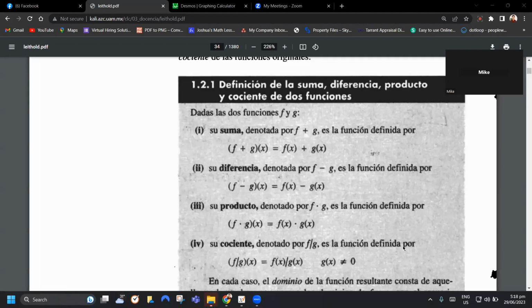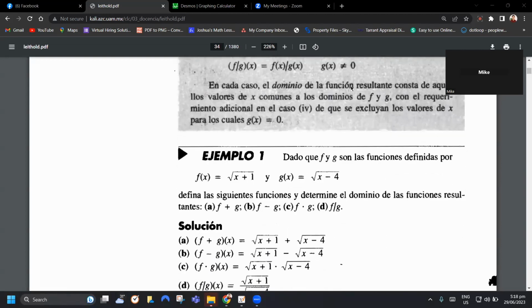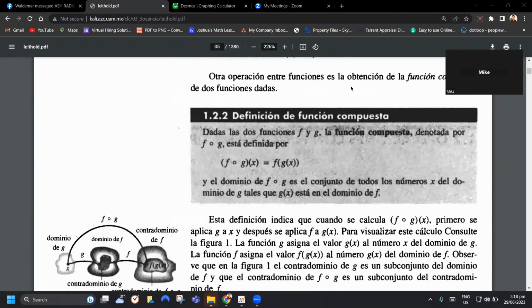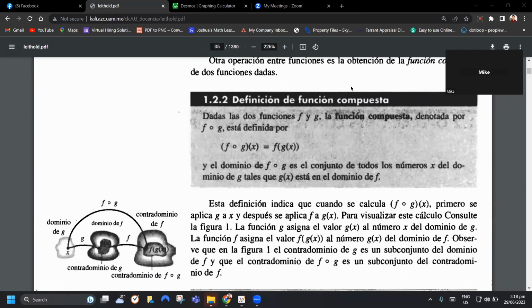For f circle g, scroll down the page to see the definition of a composite function. f circle g means you substitute g of x inside f.